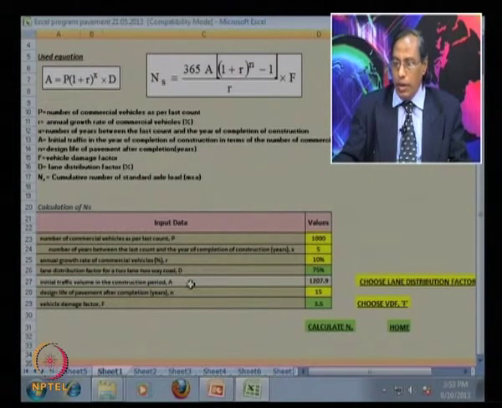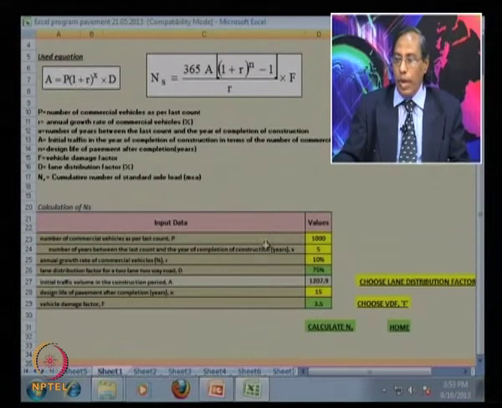We should also calculate the lane distribution factor for a two-way road, and the initial traffic volume of the construction period A we have to find out. We also have to consider the design life of the pavement after completion of 15 years, and then calculate the vehicle damage factor F.